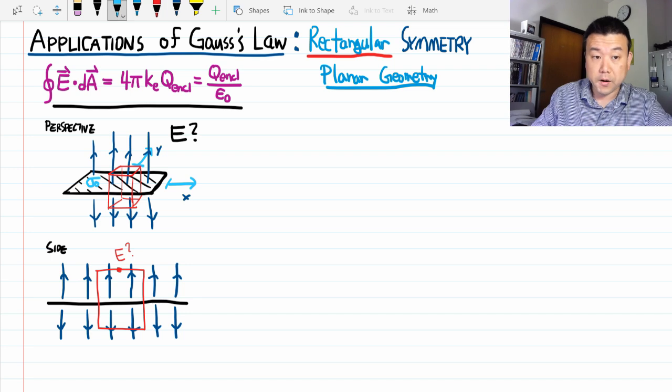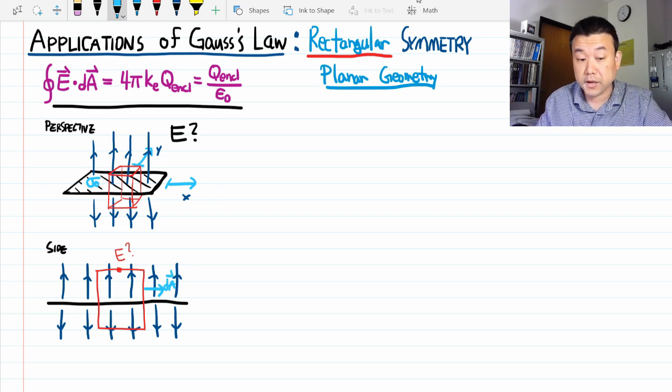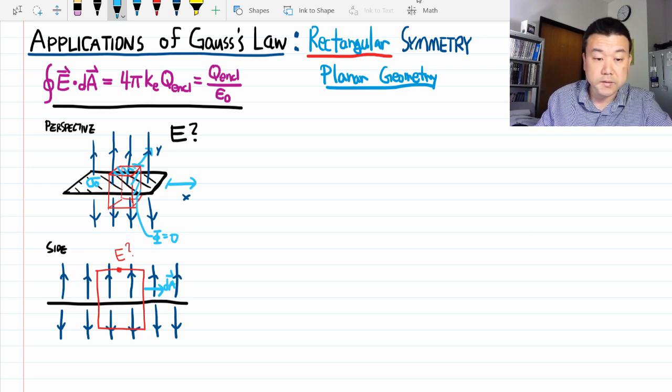As before, the surface normal, the surface area element, points in a direction perpendicular to the electric field. So the flux through the side surface here will be 0, and that is true of all the other side surfaces. You are only really looking at the flux through the top and bottom surfaces.